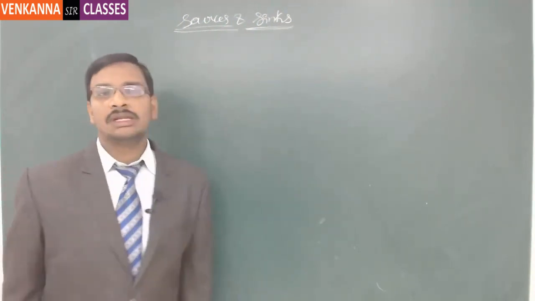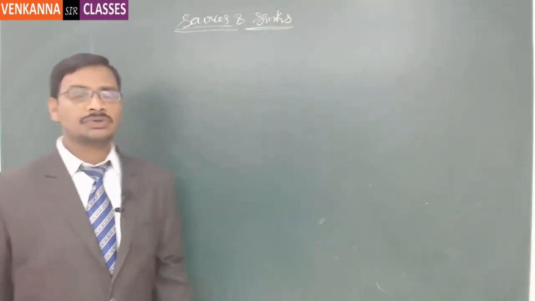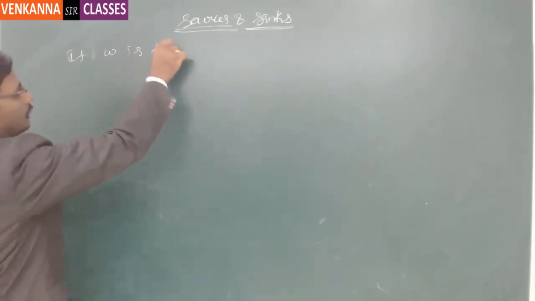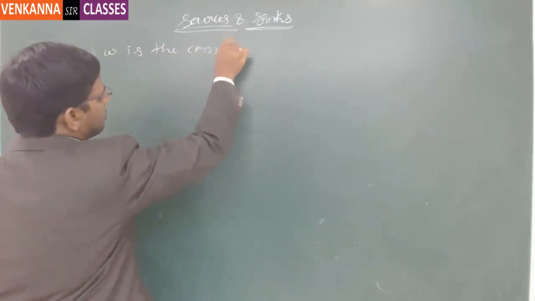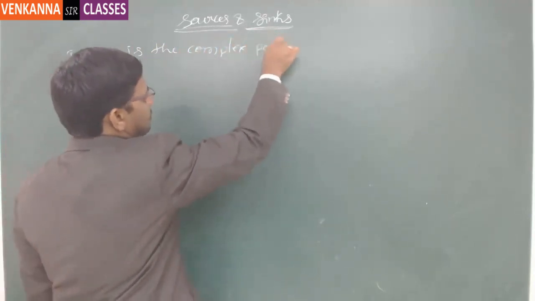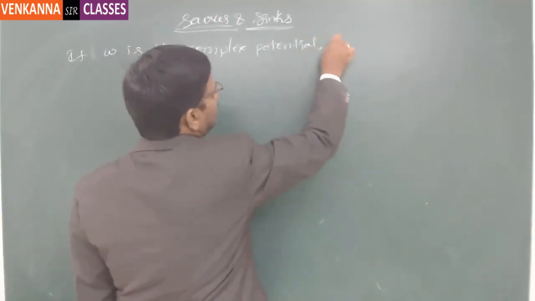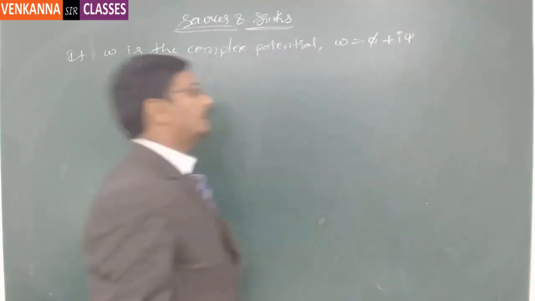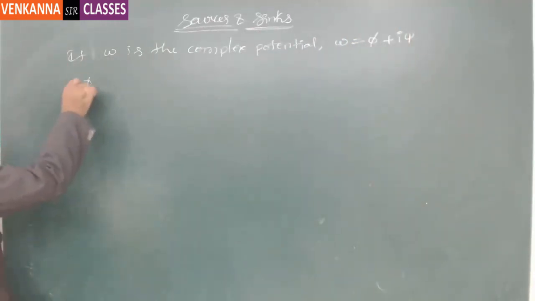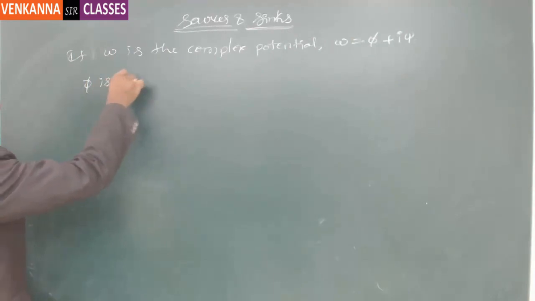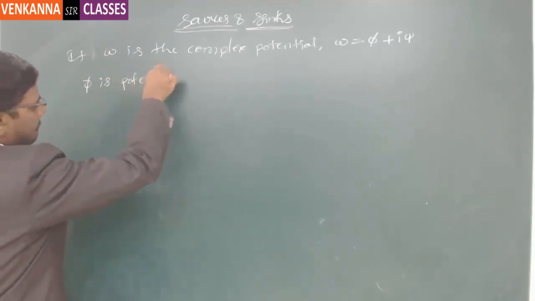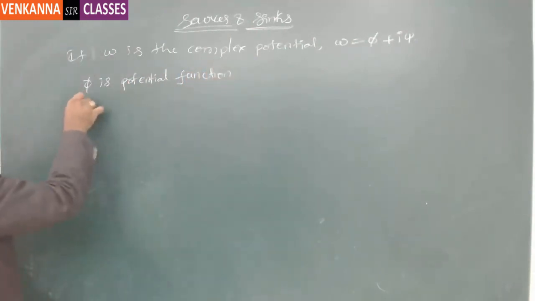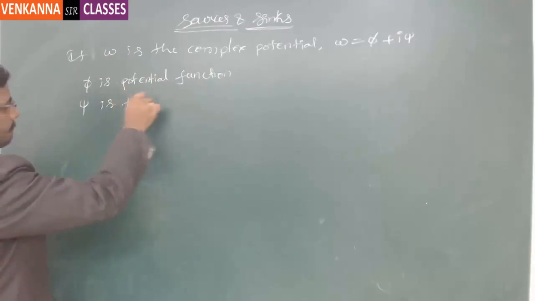So here, in the case of two-dimensional flow, if W is the complex potential, then W can be written as phi plus i psi, where W is the complex potential and phi is the potential function, and psi is the stream function.